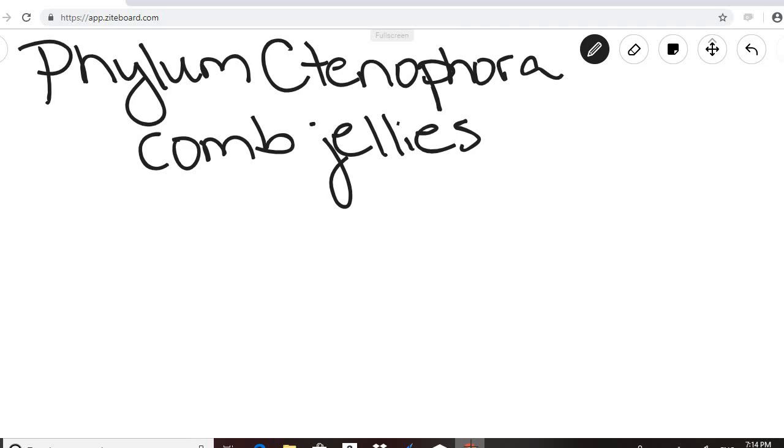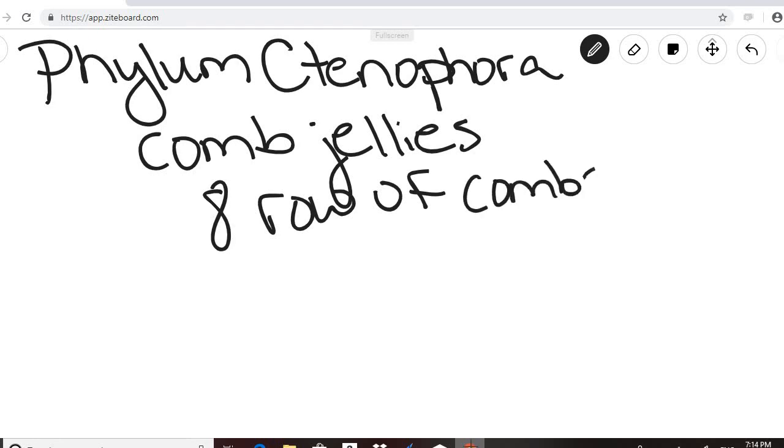And we'll see when we look at a picture, but there are basically 8 rows of combs. And those combs are like cilia. They are cilia. And they beat, and their purpose really is just to allow the comb jelly to stay upright in the water.